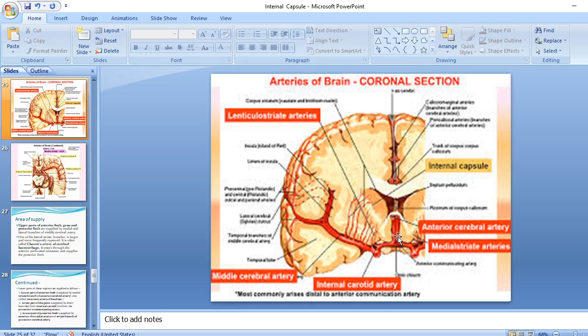The anterior cerebral artery runs forwards in the median cerebral sulcus, while the middle cerebral artery comes to lie in the lateral sulcus and gives, you can see, the branches to the internal capsule, going to the anterior limb, genu, and the posterior limb, and the cortical branches going here to the cerebral cortex.